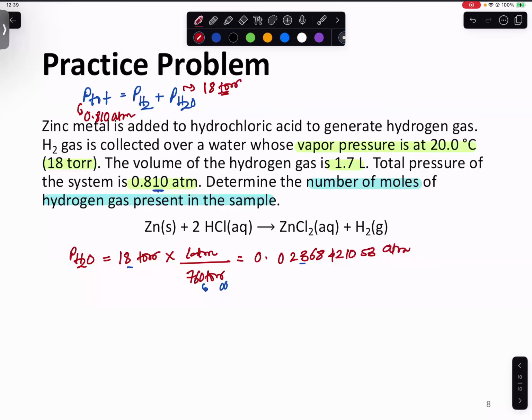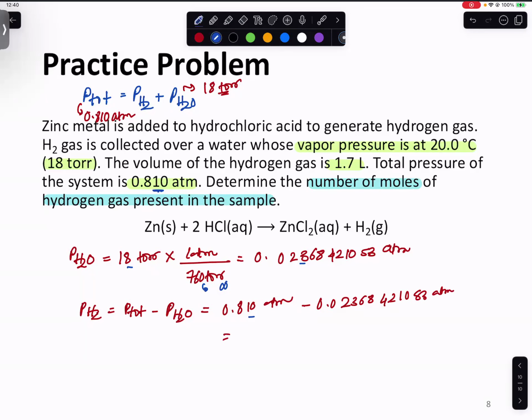With that being said, I can calculate the partial pressure of the hydrogen, which is the total minus the water vapor. This right here is going to be 0.810, 3 decimal places, minus 0.02368421053 atmospheres.